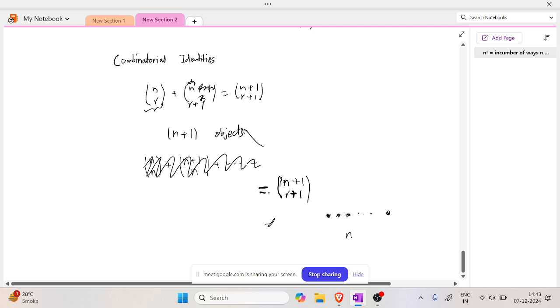So these are n plus 1 objects, and out of them you have to choose r plus 1. Let's number them from 1 to n plus 1, and you can take cases on what your minimum element is going to be, like the object with the minimum index that you choose.